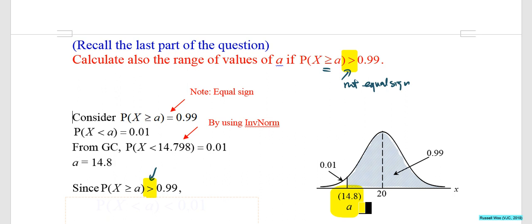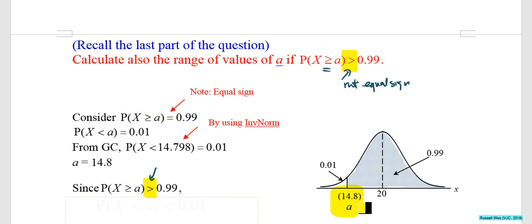Now we must always think like that. Don't memorize. Don't even attempt to memorize. You must always draw your normal curve, and then say that this is 0.9. In order for the area to be greater than 0.9, your A must be less than 14.8. Got it?